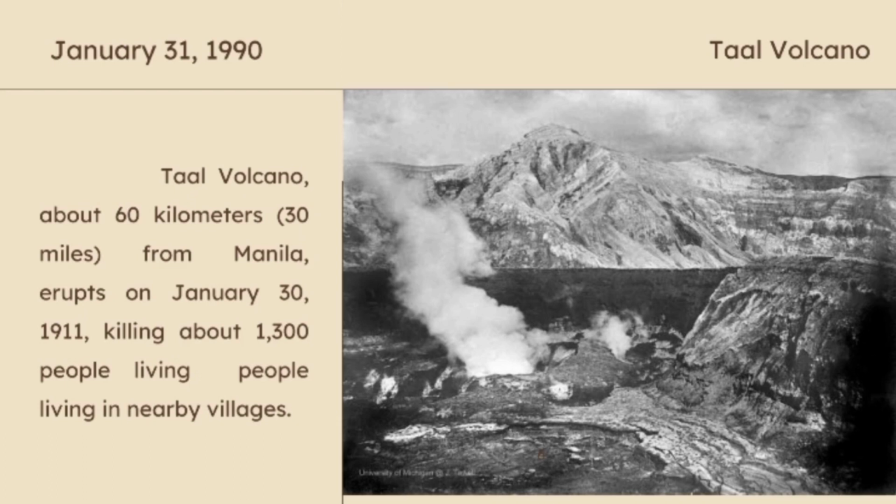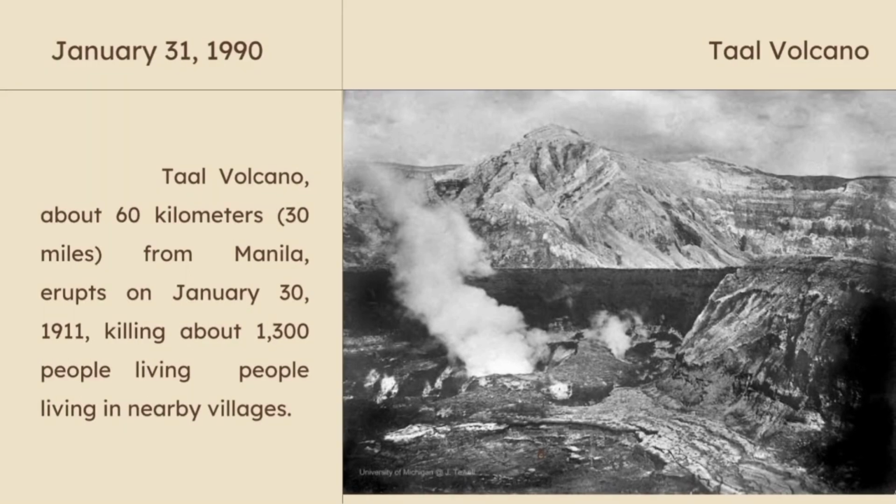Taal volcano erupted in the early hours of January 30 with a blast that was so loud it was heard in Manila. Volcanic lightning was seen over Taal along with a huge black fan-shaped cloud. That black cloud shot up in the sky at around 2:30 a.m., marking the peak of the eruption.